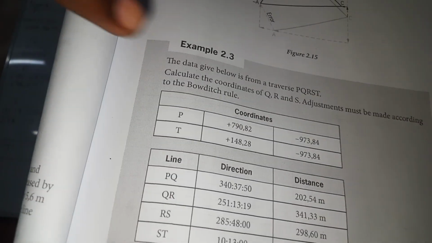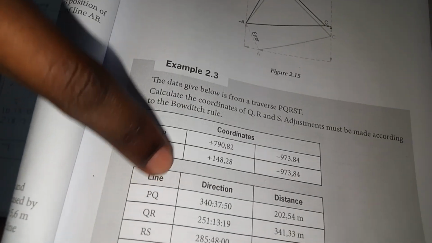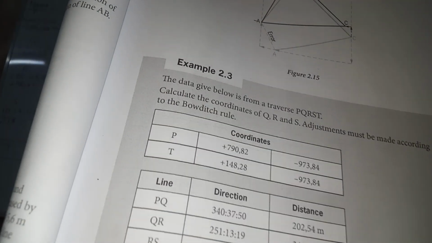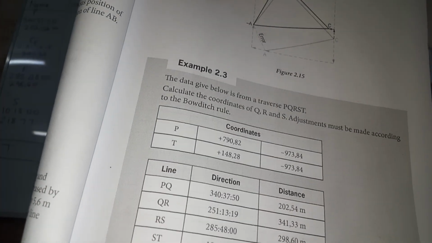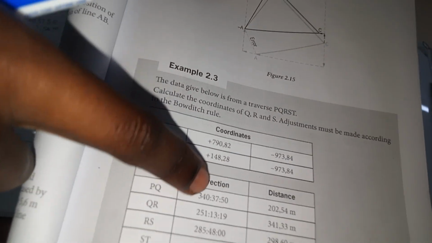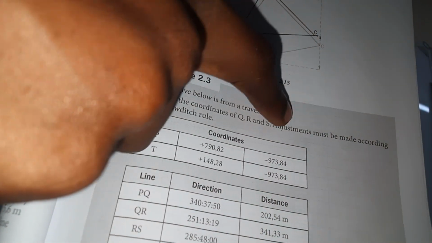So as you can see, we have coordinates P and T. These are our Y's and these are our X's. So I'll go and record there because I haven't recorded on the table. And then we have the direction. So this is PQRST.